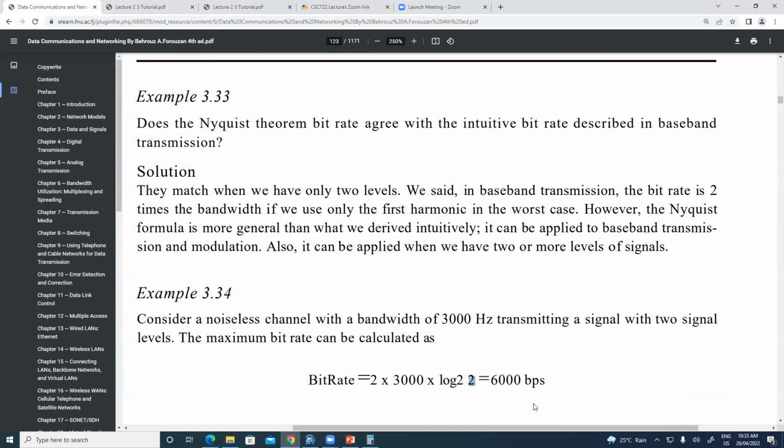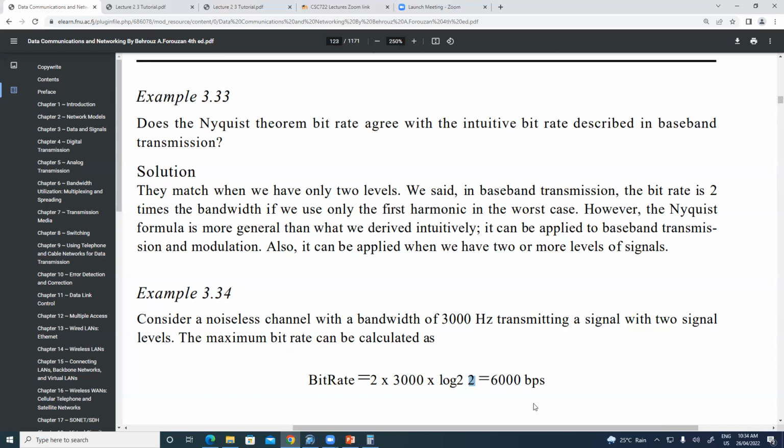In your calculator, what you can do is simply take log 2 divided by log 2, because your calculators are log with the base 10.